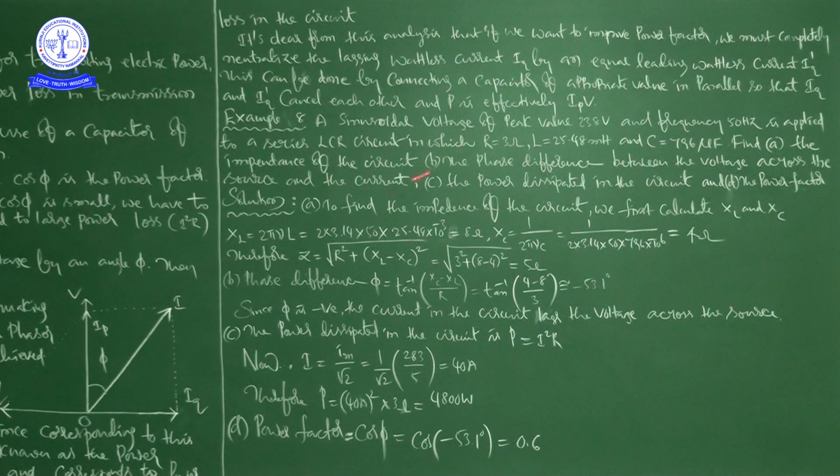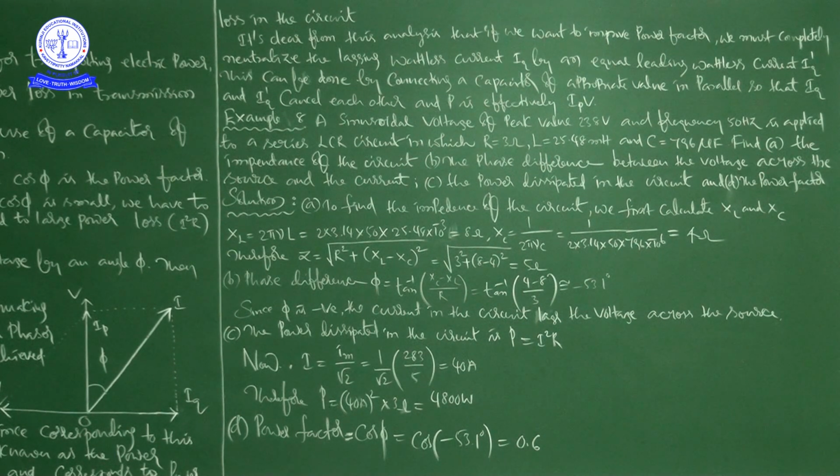A sinusoidal voltage of peak value 283 volts and frequency 50 Hz is applied to a series LCR circuit in which R is equal to 3 ohms, capital L is equal to 25.48 millihenry, and capacitance C is equal to 796 microfarad. Find A, the impedance of the circuit.